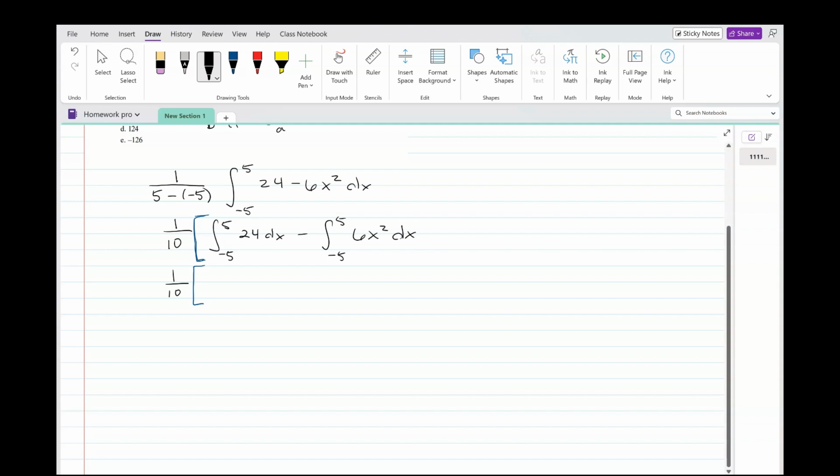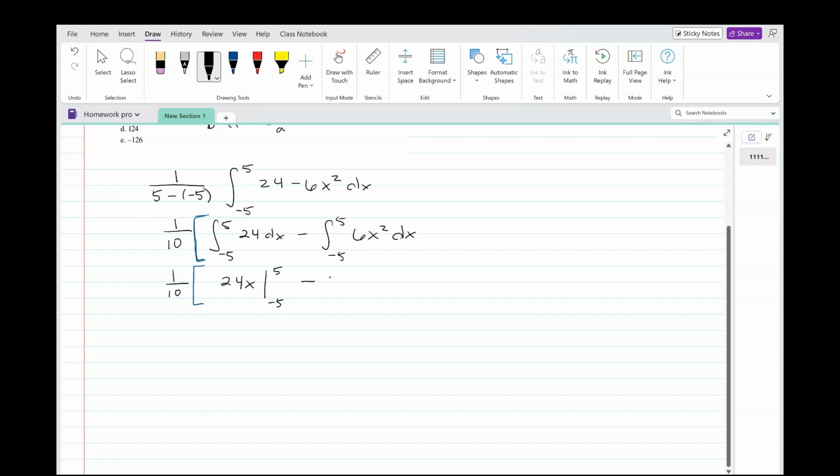So the integral of 24, remember, when I just have a constant term, the integral of that is going to be obtained by adding the variable x. So the derivative of 24x is 24, so the integral is just 24x. And this is going to be over the interval from -5 to 5.